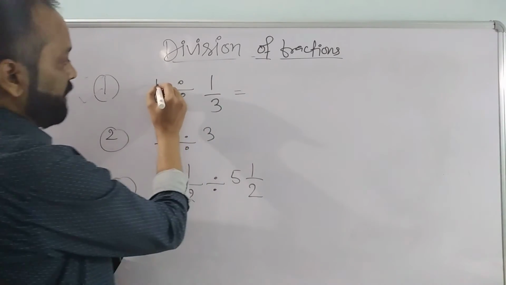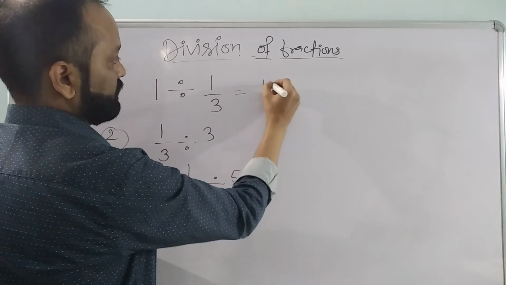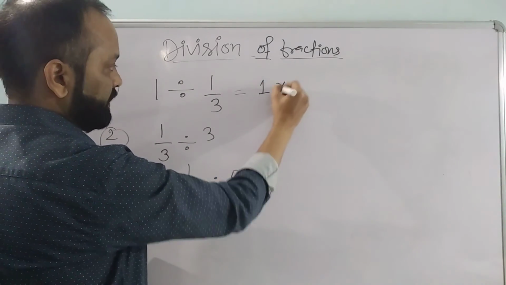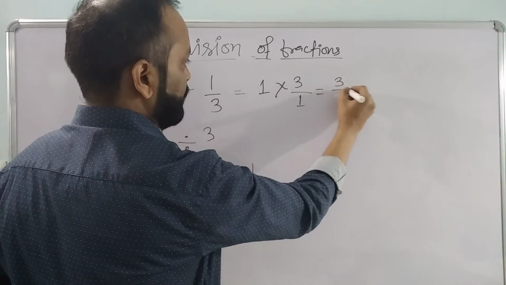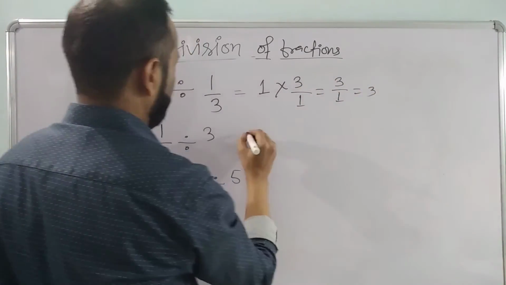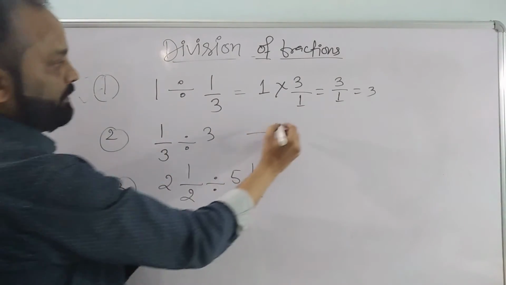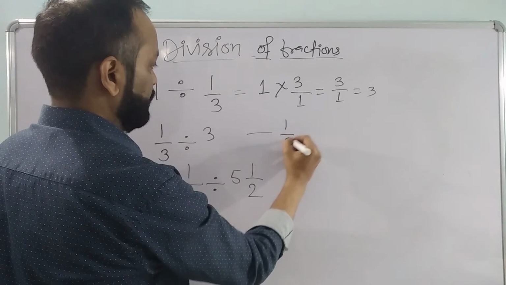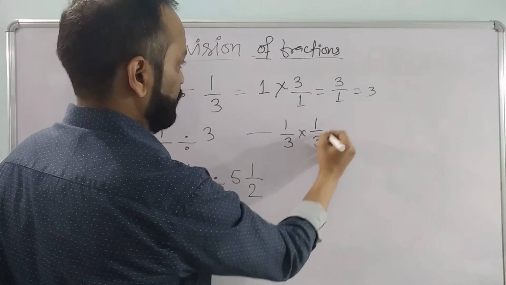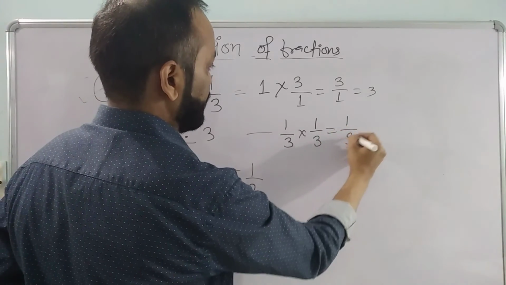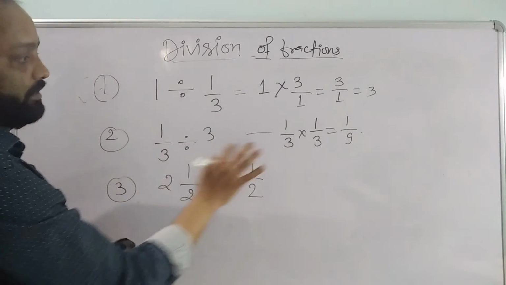Here we are dividing 1 by 1 upon 3. So once we calculate, this will be 1 into 3 by 1. So this will be 3 by 1 or 3. But once we are dividing 1 by 3 only, this will be 1 by 3 into 1 by 3. So this will be 1 by 9. Okay, so see the difference.